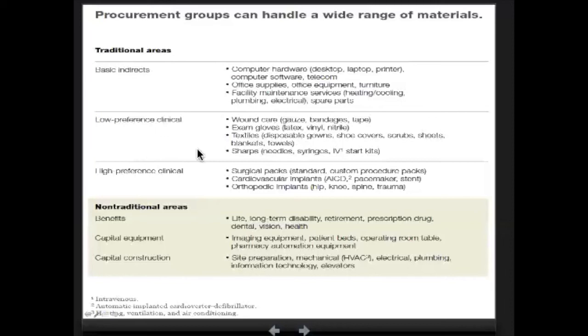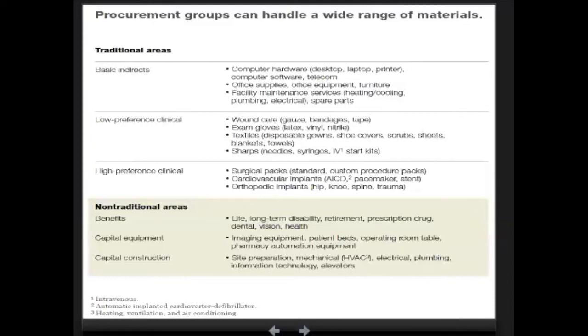And these are expensive items and that require careful understanding of the total cost and understanding the right suppliers for them. So that's something which is the traditional area, but non-traditional areas also sourcing has been contributing, whether it's in the form of sourcing the benefit plans, life, long-term disability plans, etc. Capital equipment, capital spending in the form of imaging equipment, patient beds, operating room tables, etc. Again, those are the areas which sourcing has been involved.